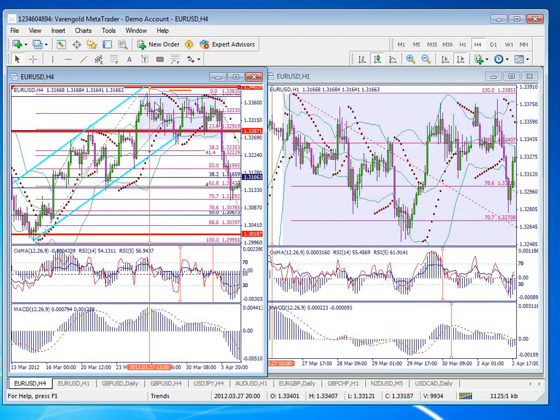And for this period, we will look for swings on this channel. And we have a lot of swings and a lot of entries on the smaller time frame.